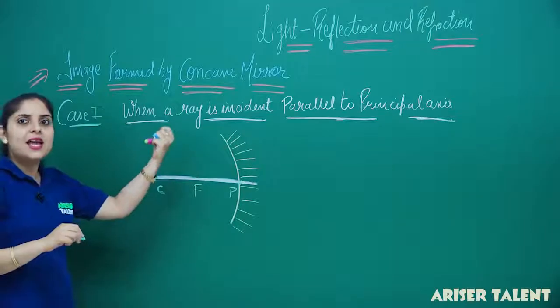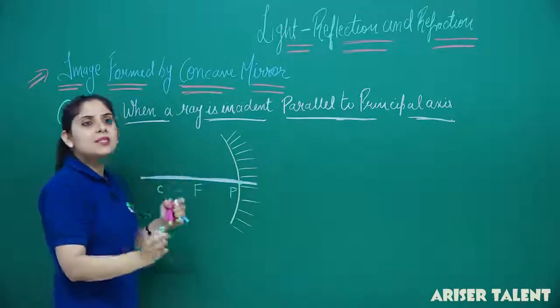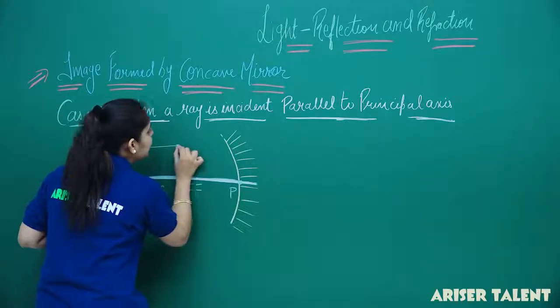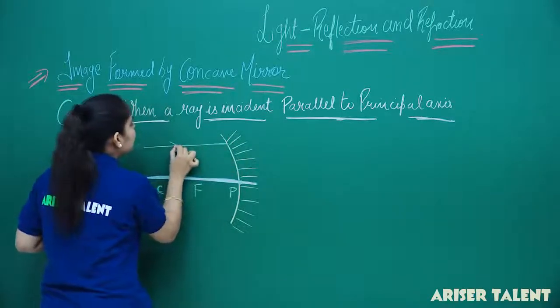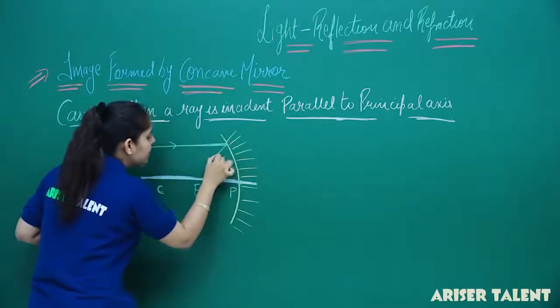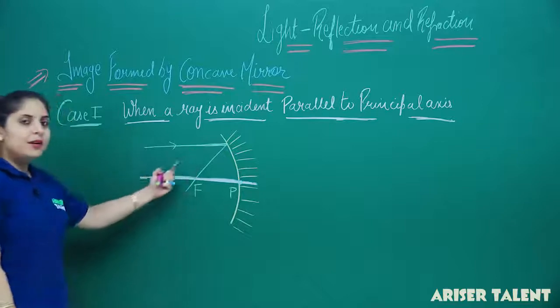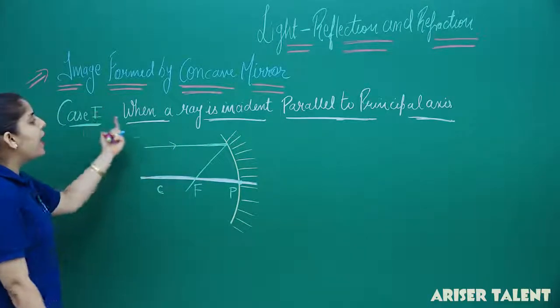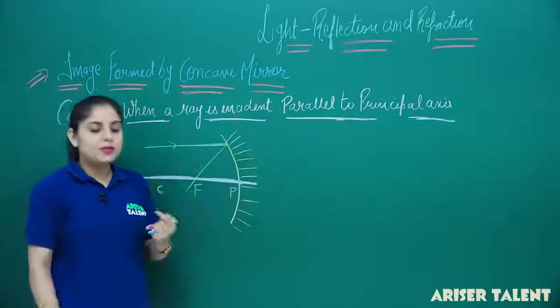In the first case, I am assuming that a ray is coming parallel to the principal axis. If the ray is incident parallel to the principal axis, what will happen in this case? The ray will deviate towards the focus. So the ray will deviate in this part. So it is the first ray diagram which shows that the ray is incident parallel to the principal axis.